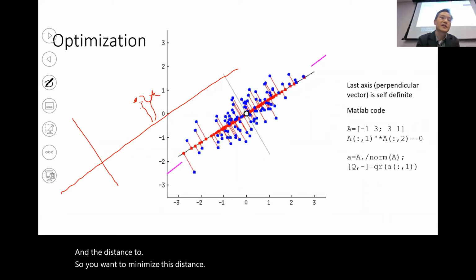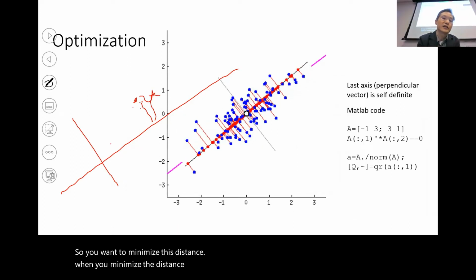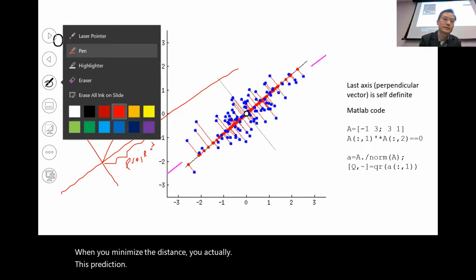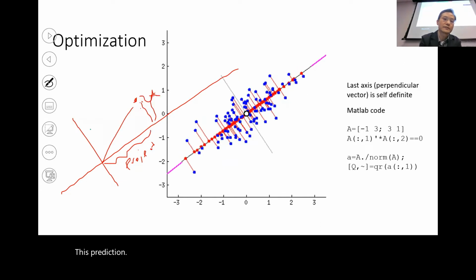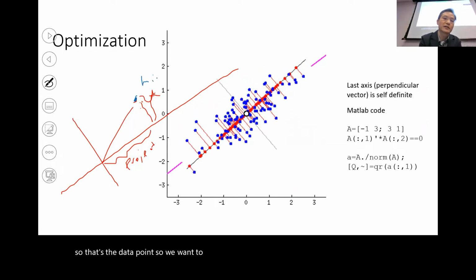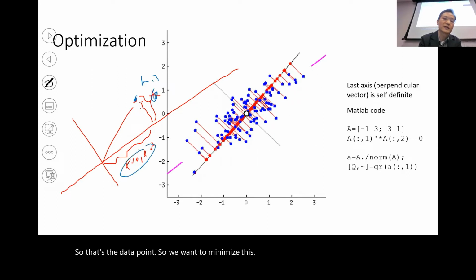When you minimize the distance, you actually maximize this projection. So we want to minimize this to make this longer.